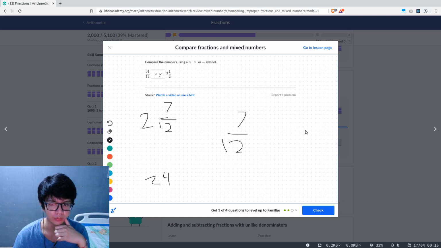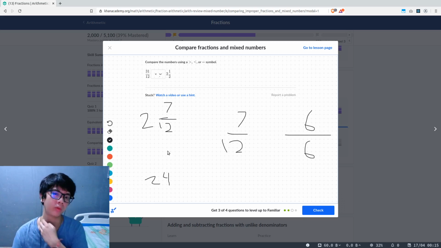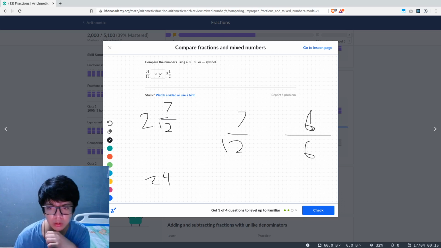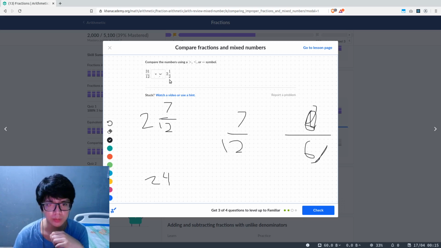Okay, so for this to go to 12, we'll go 6, and then it's going to be multiplied by 6. Wait, what? No! Multiply by 3 to get 6. So it's going to be 3. So clearly the left side is larger.